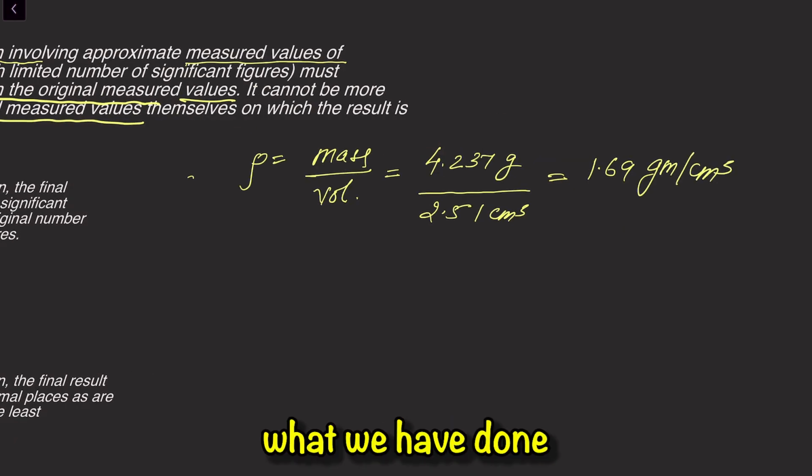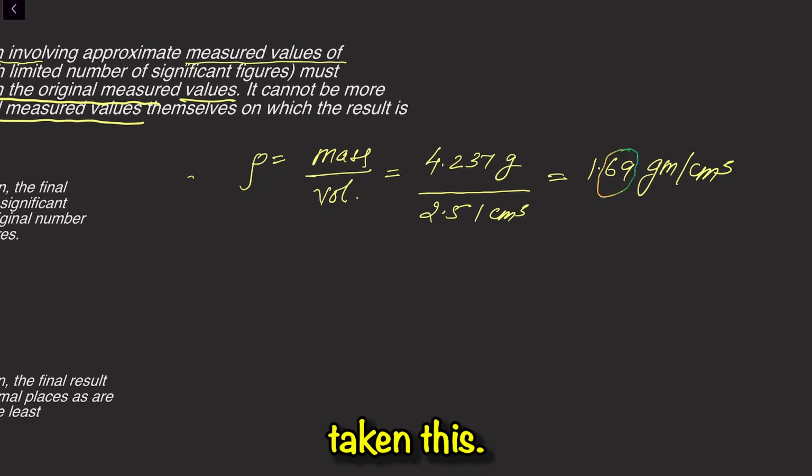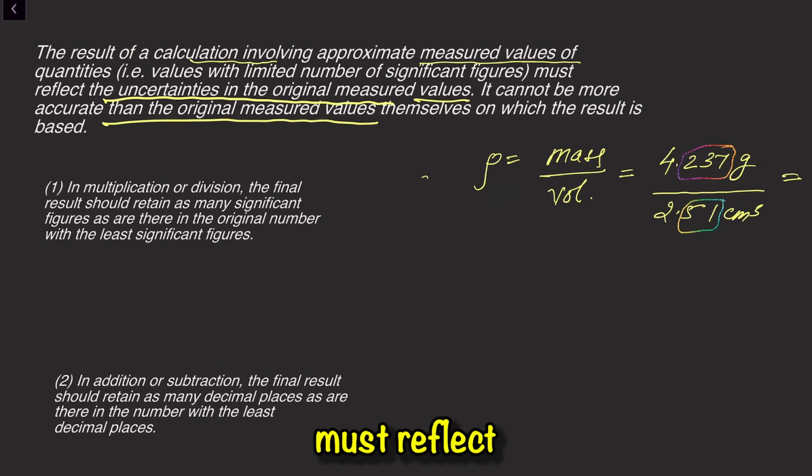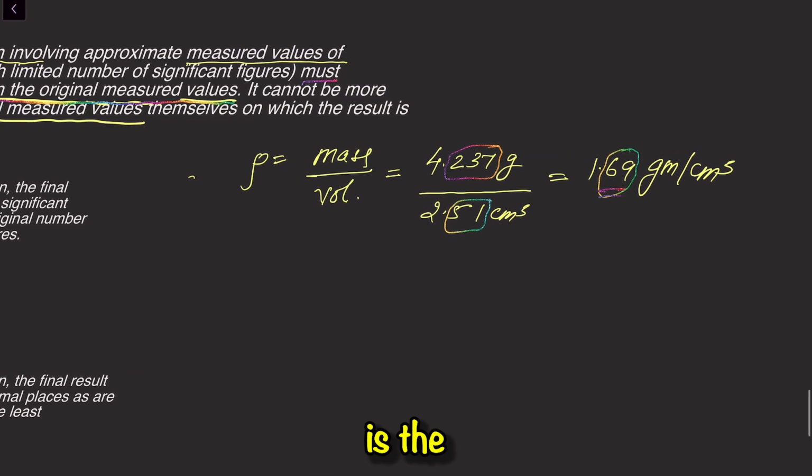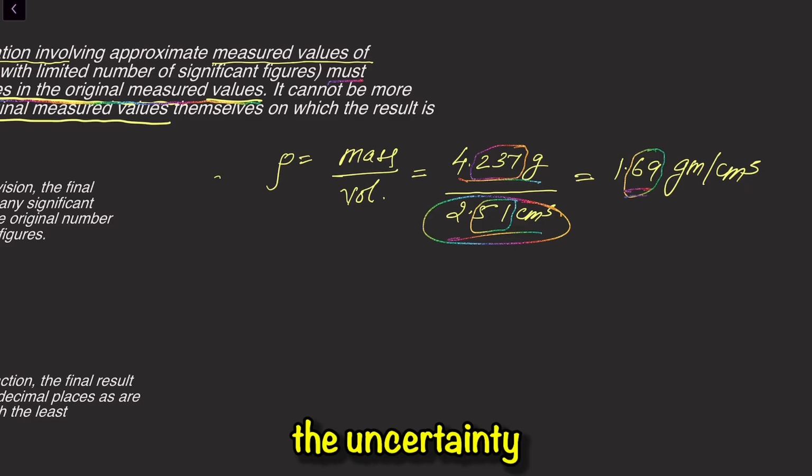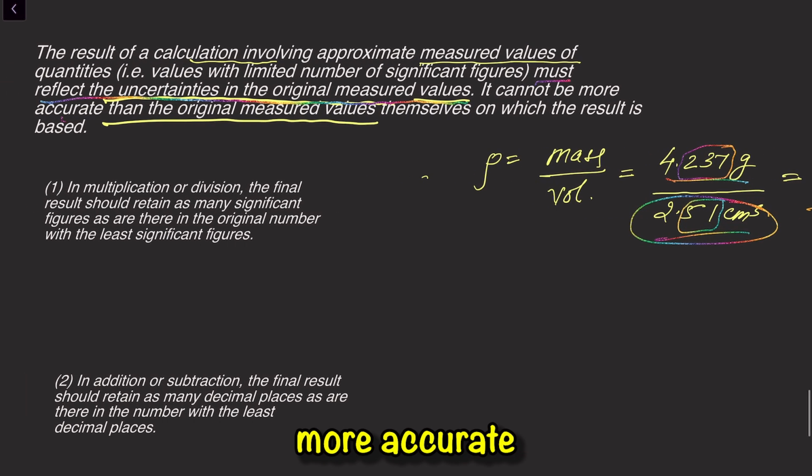We have to write the density as 1.69 grams per centimeter cube. What we have done here is taken only two places of decimal, here two places and here three places. So this statement says the result must reflect the uncertainty in the original measured values. It cannot be more accurate than the original measured values on which the result is based.